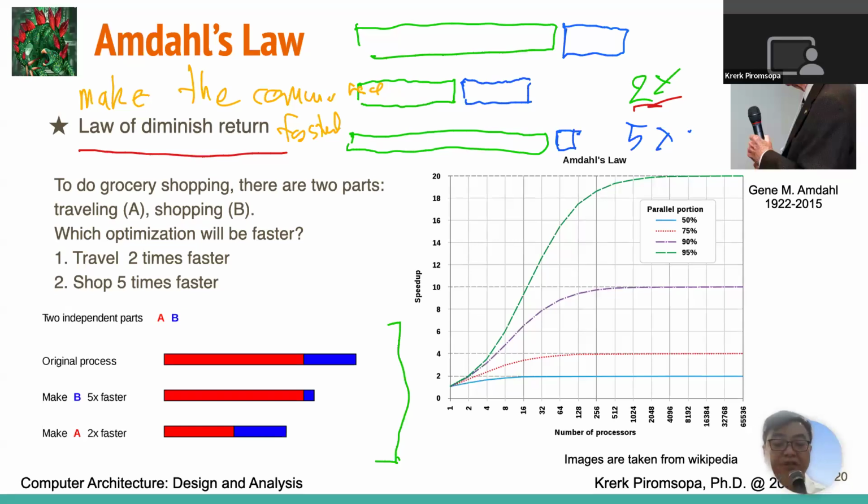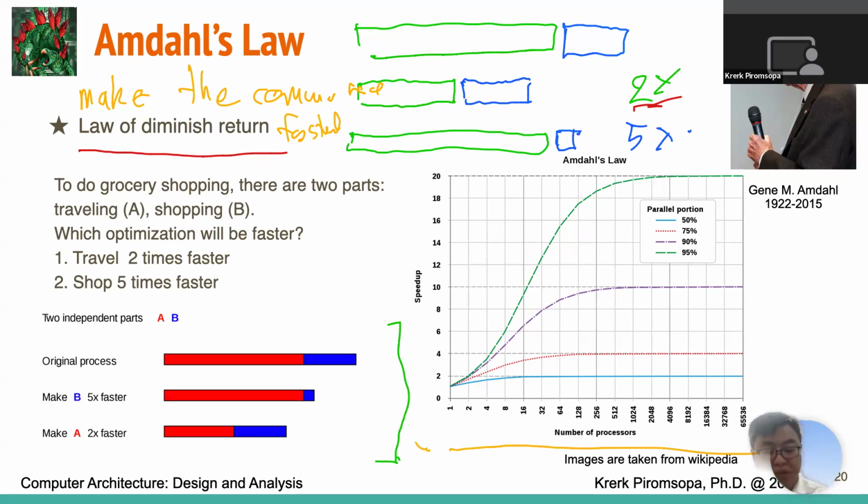Make the common case fast, like that. And we do that in our computer as well. It's slow. Where? Which part is slow?